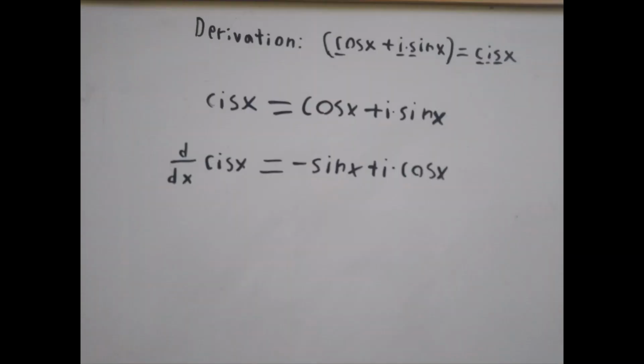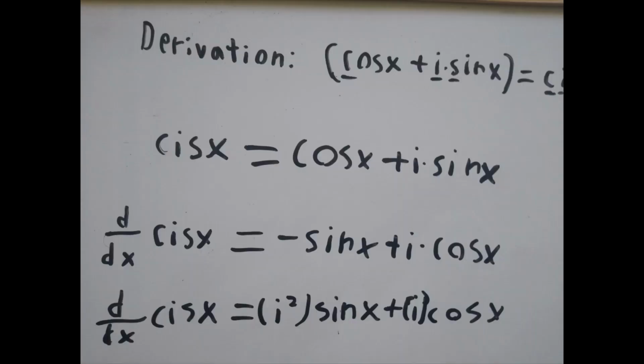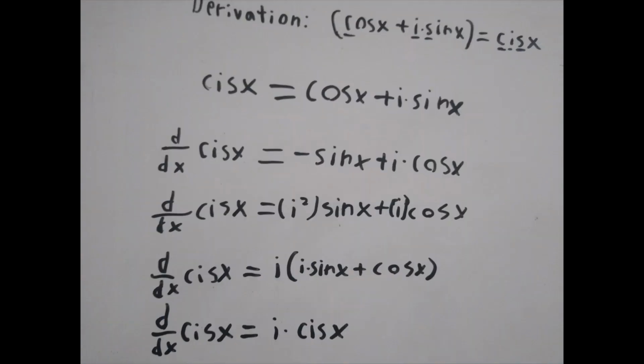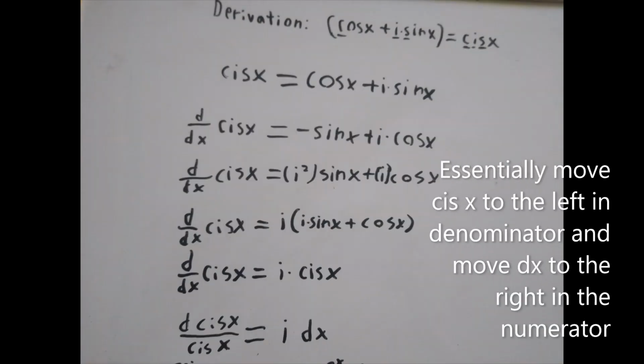Then, take the derivative of both sides. Only simplify one. Then substitute the negative for i squared. Then factor out an i of the right side. Divide both sides by cos x plus i times sine x, and multiply both sides by dx.